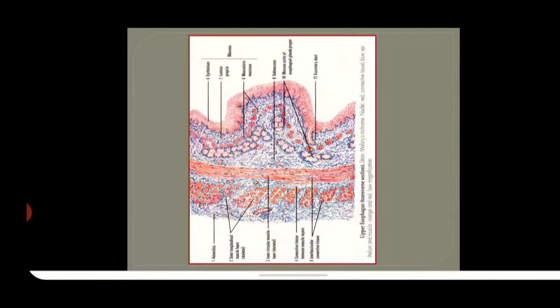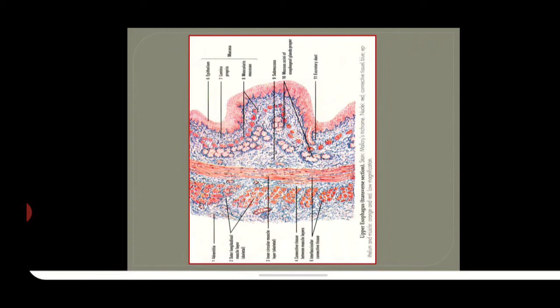In this you can observe very nicely the stratified squamous epithelium, non-keratinized, that is the epithelium. And then next to the epithelium you can observe the lamina propria, then the muscularis mucosae. Now we will go to the submucosa. Again you can see in the image, as we have told already, submucosal glands are present only in two parts of the GIT. One is the esophagus and the other is the duodenum.